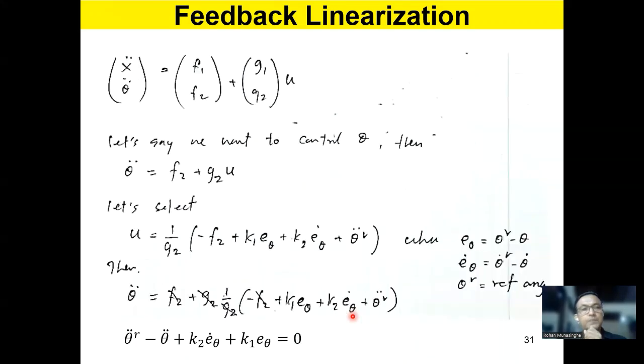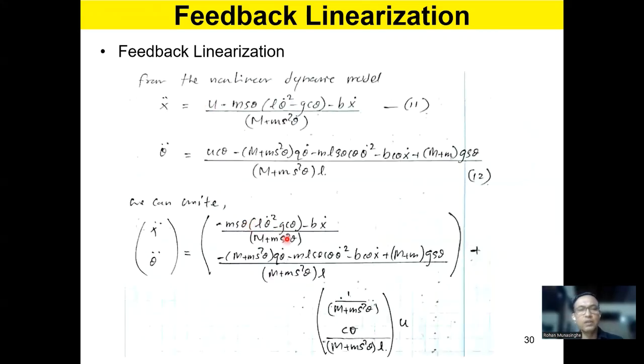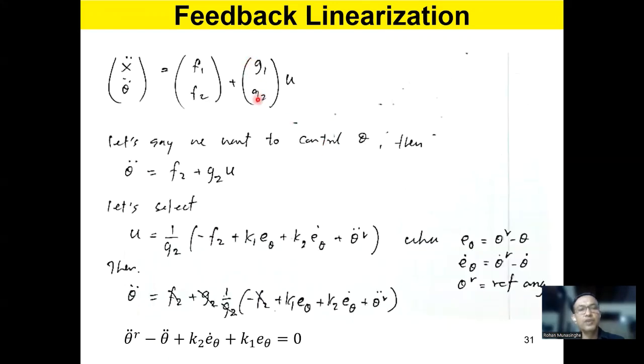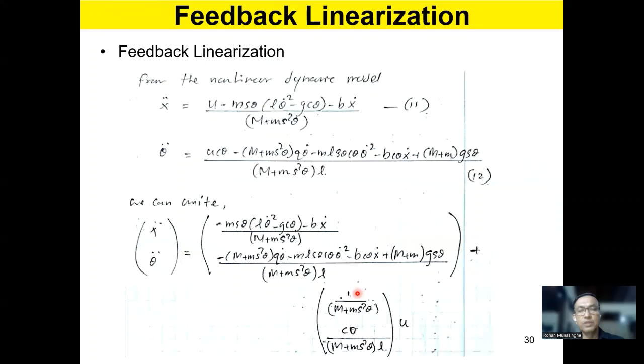Then what we have is something like this: x double dot, theta double dot. We have a two-state system, and the autonomous part is F1, F2. F1 is this one, this is F2, plus G1, G2 times U. So this is G1, this is G2.